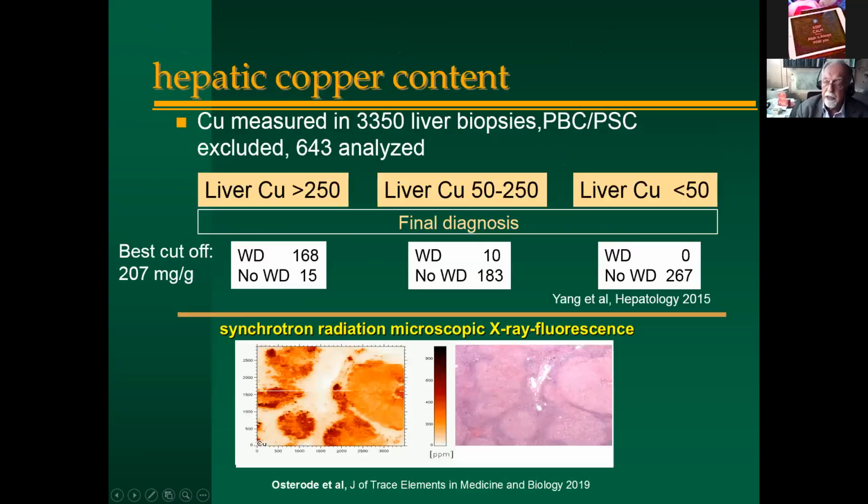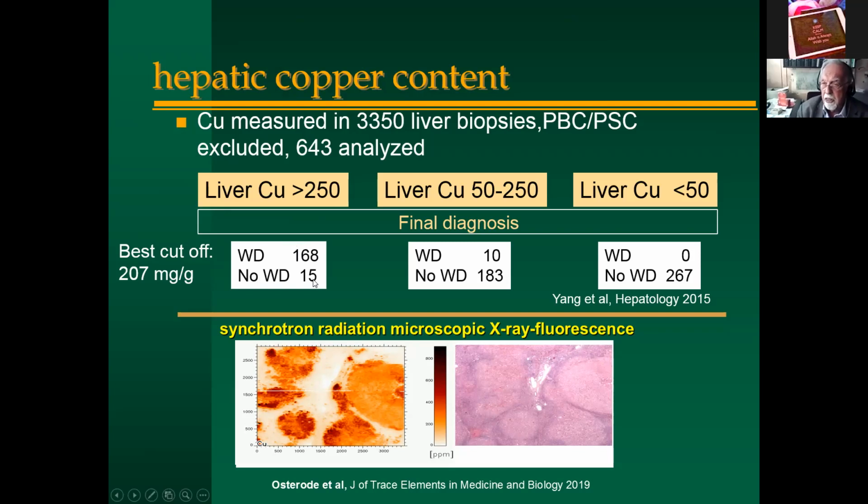And these are the data for the hepatic copper content. This is possibly the largest study from China. And these are the usual values given as lampposts. If liver copper is greater than 250 micrograms per gram dry weight, then the sensitivity is very good. You see in this Chinese study, out of these patients, 168 had Wilson's disease and 15 had not.